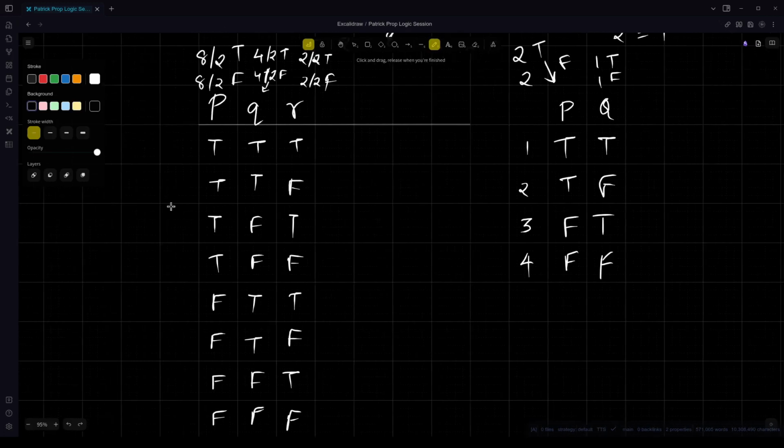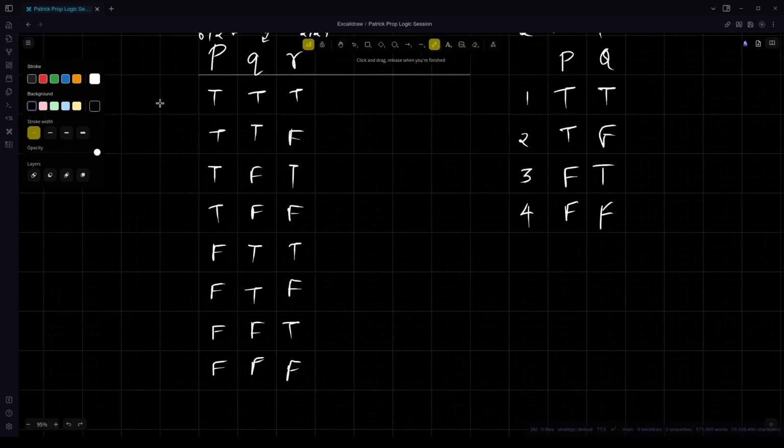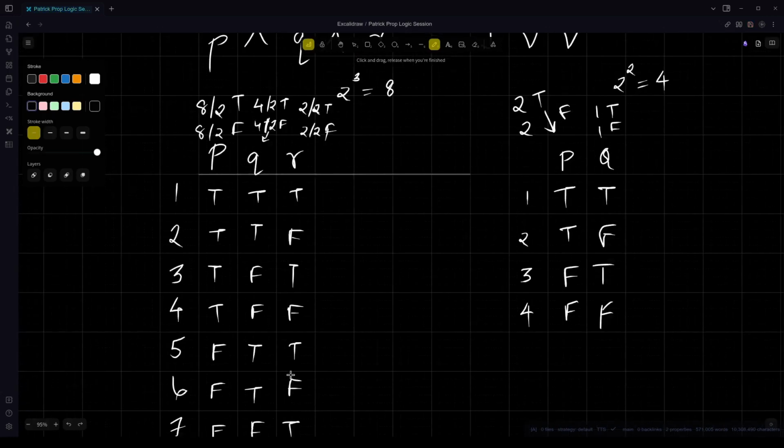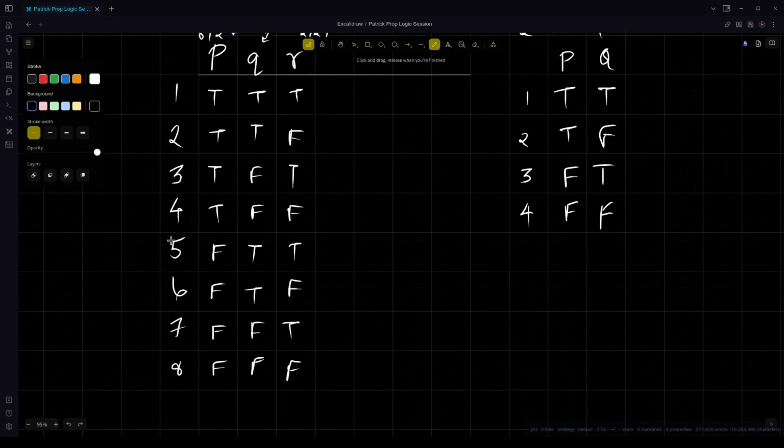you have 8 rows, right? 1, 2, 3, 4, 5, 6, 7 and 8. So for the first variable, what you're going to do is divide that by 2. So how much do you get? We get 4.